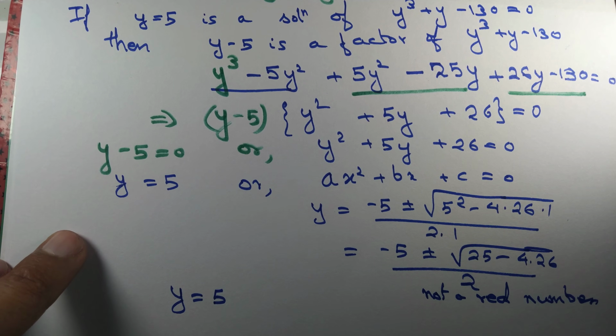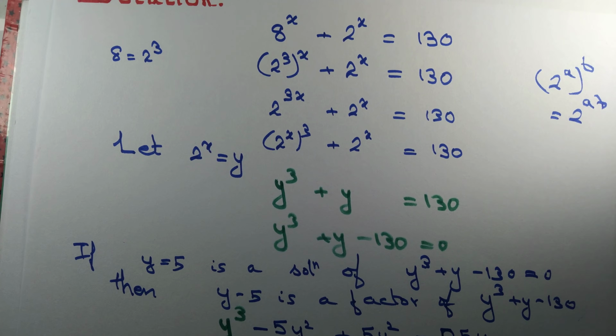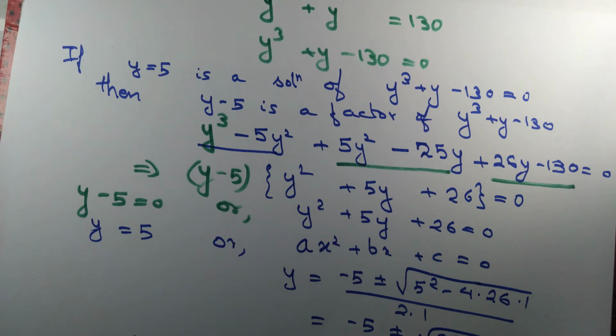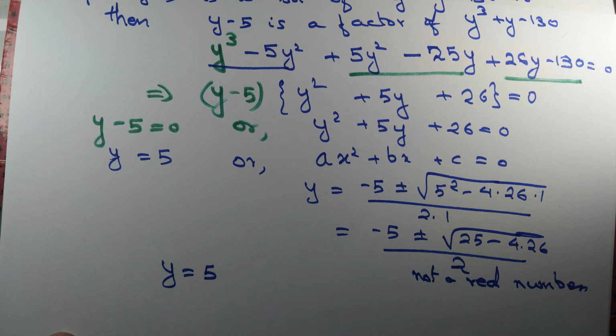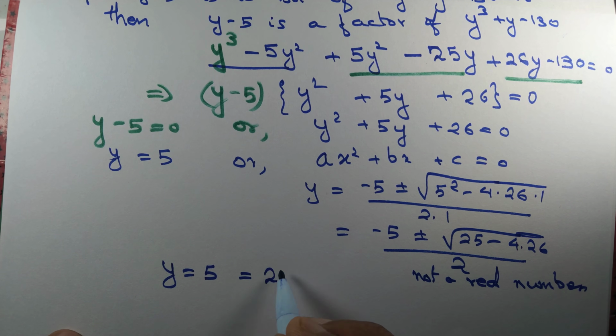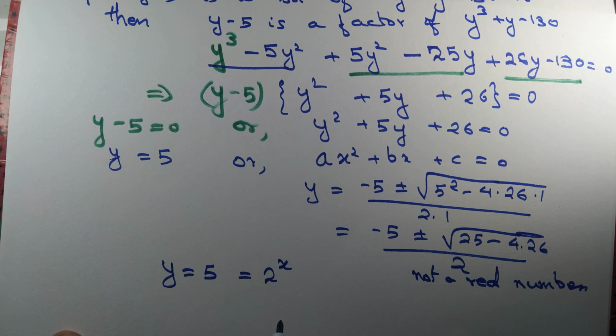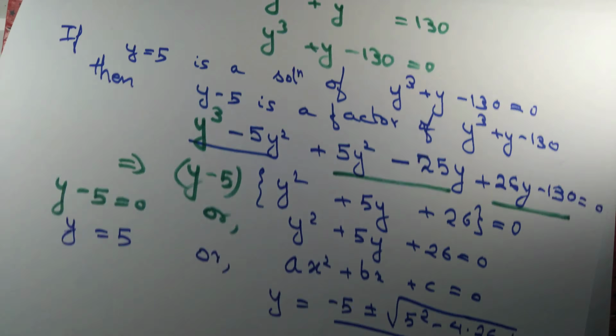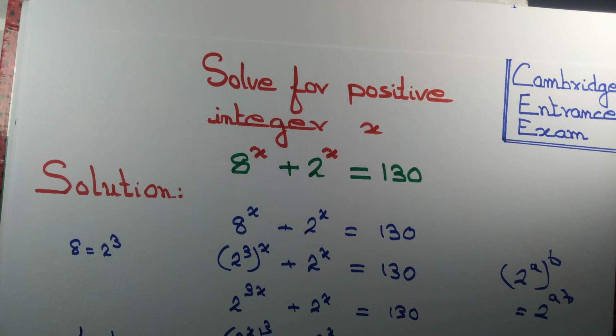But we started with 2 to the power x equal to y. We have assumed 2 to the power x equal to y. So 5 equal to 2 to the power x. If we take log with base 2 on both sides, then we get log of 5 with base 2 equal to x. So the question says find all positive integer x.